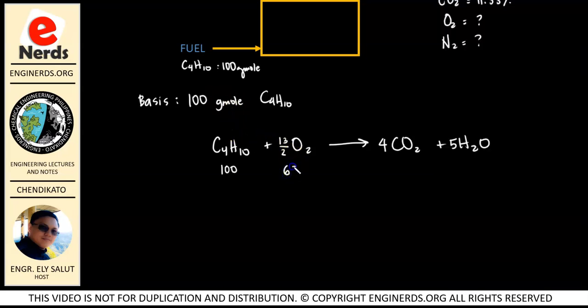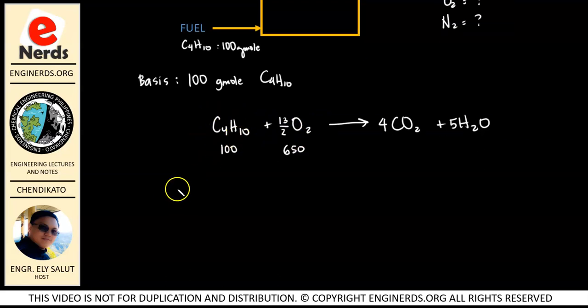So we need 650 gram mole of oxygen in order to have a complete combustion of C4H10. Therefore, our theoretical O2 is equal to 650 gram mole. So now we know how much theoretical O2 we have.